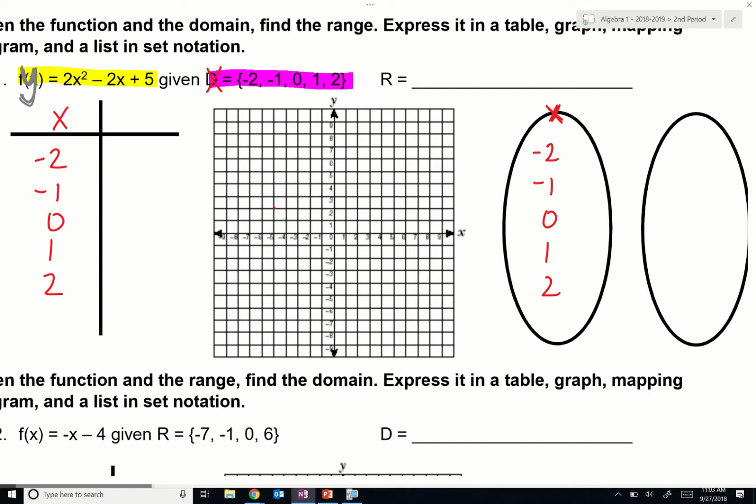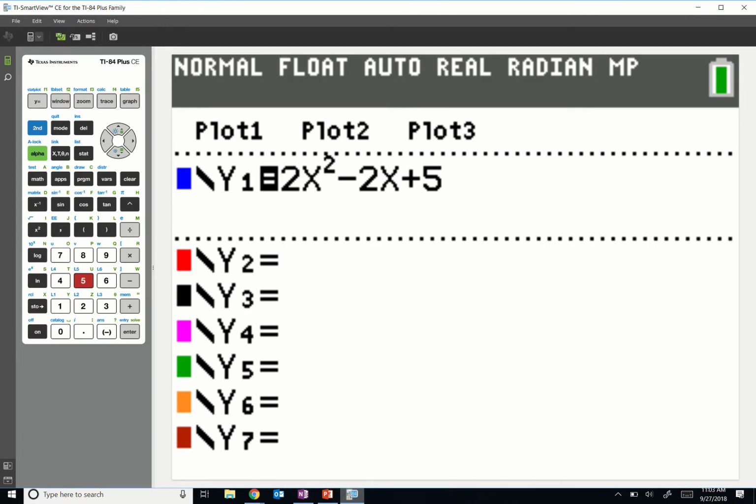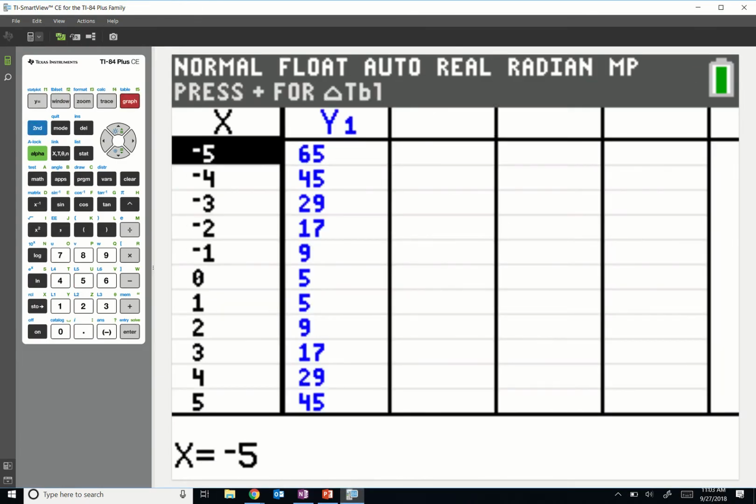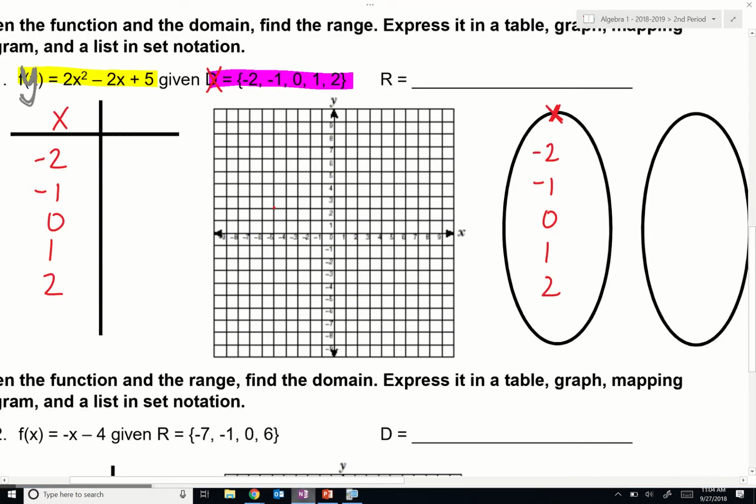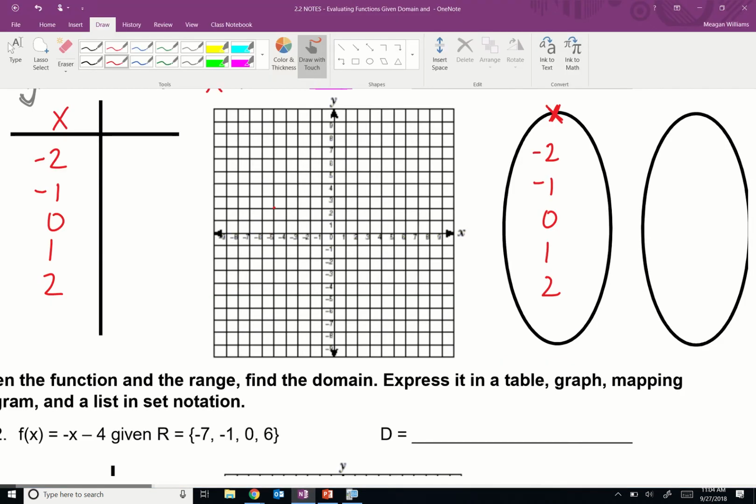So we're going to go back to our calculator and tell it to show us the table. We're going to match up the points we already know. For example, what's the first point we have on our table? -2 is paired with 17, so we're going to write in 17.